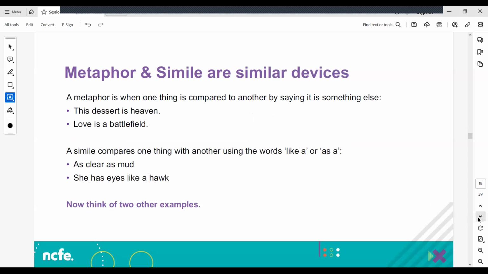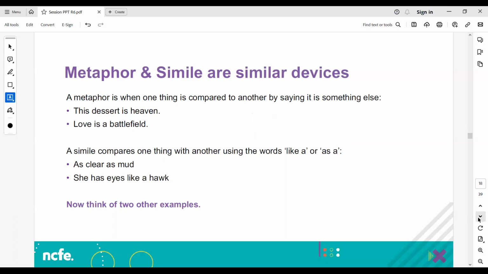So metaphor and simile are very similar, but there is a slight difference between them. Let's start with metaphor. A metaphor is when one thing is compared to another by saying it is something else.